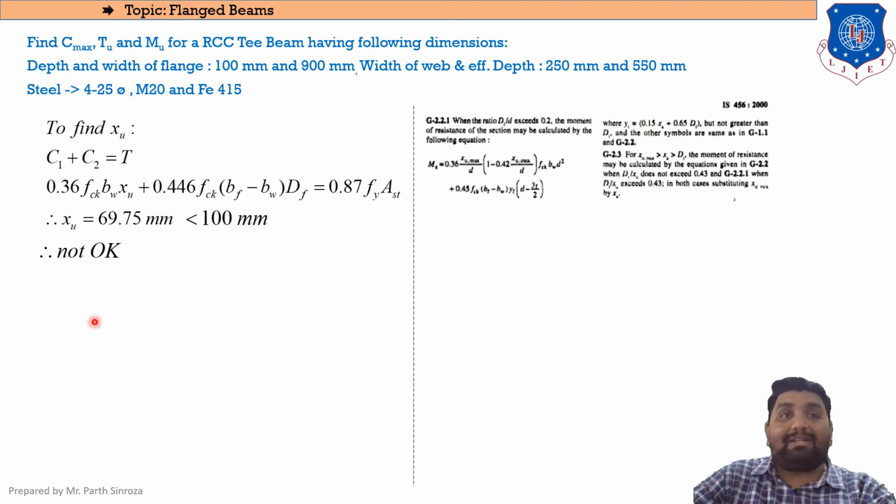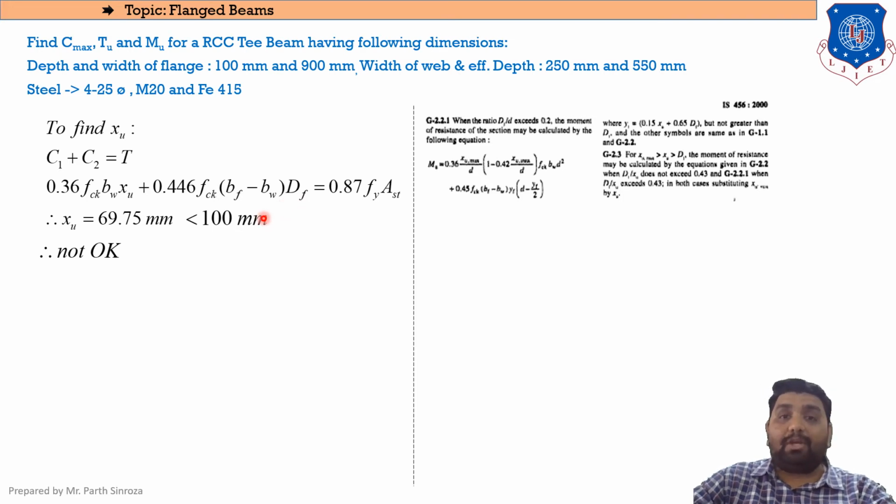Clear? So whenever you are getting this condition in which the neutral axis is in web, but the value of XU comes out to be less than our DF, in that condition we will always substitute the term DF by YF in this same equation. So now we will be finding the value of XU again by replacing DF by the equation of YF.